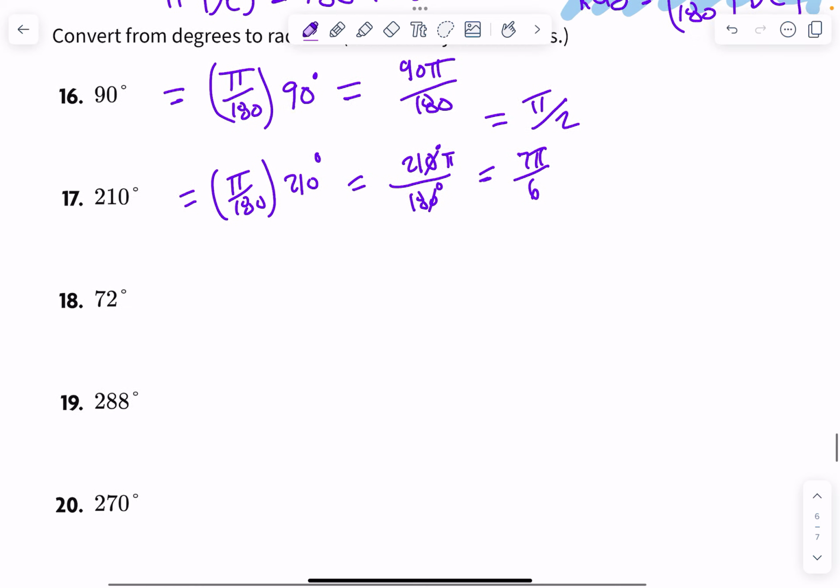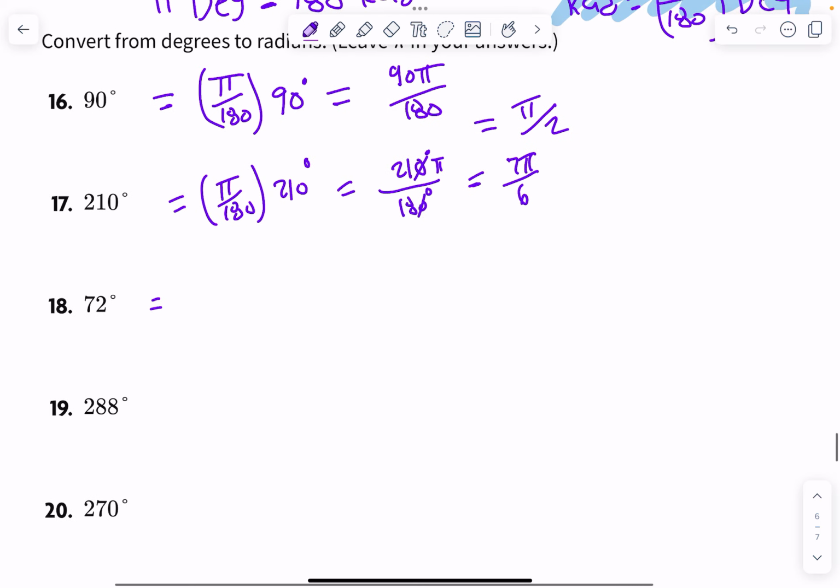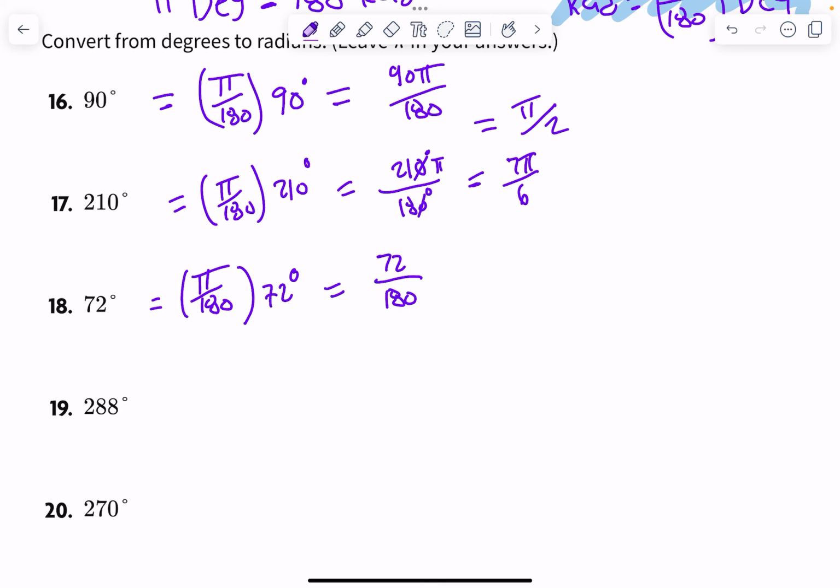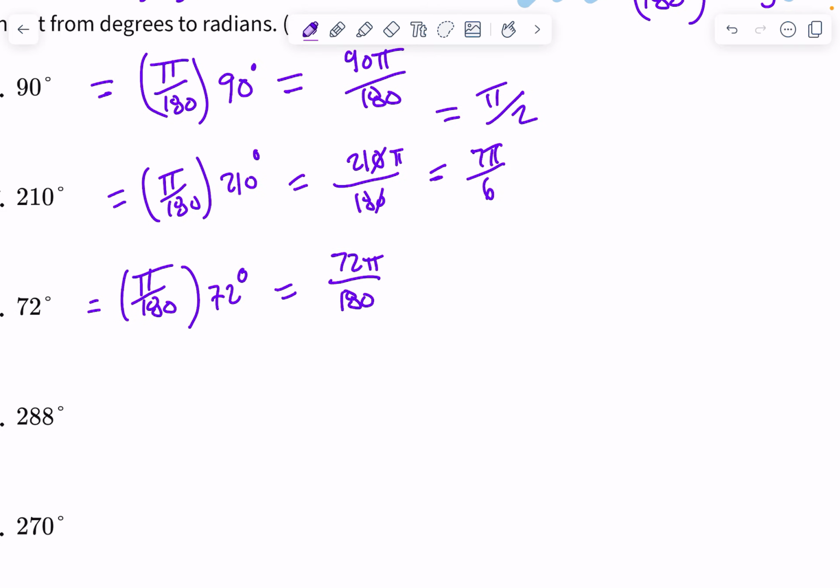Okay, for 72 here, we're left with pi over 180 times 72 degrees, which is equal to 72 over 180 pi. Actually, this shouldn't really have a degree anymore. Yeah, and then we can simplify this further. Honestly, off the top of my head, this one doesn't really come to me.